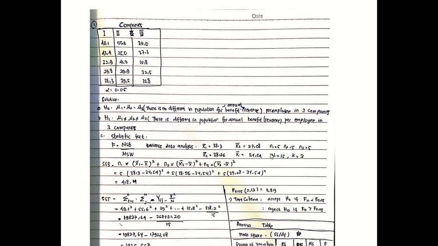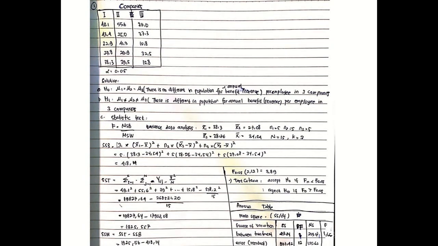The number of data in company 1 is 5, in company 2 is 5, and in company 3 is 5. K equals 3, which is the number of companies.